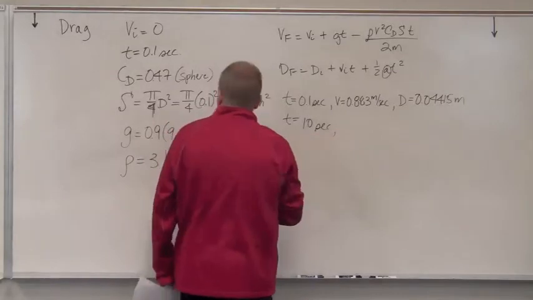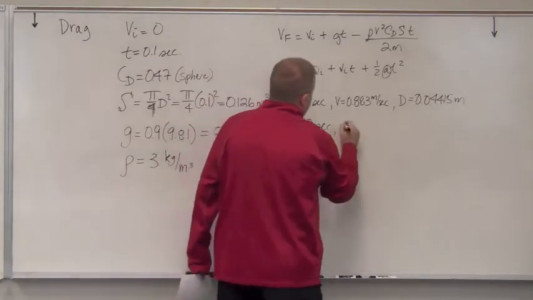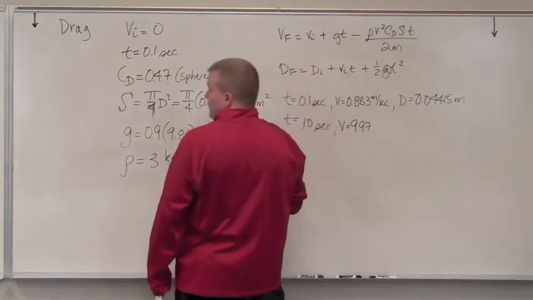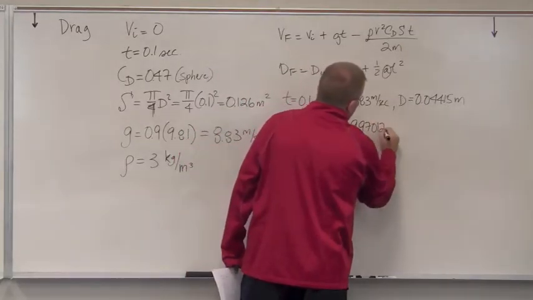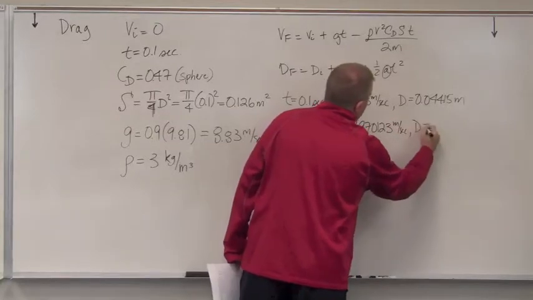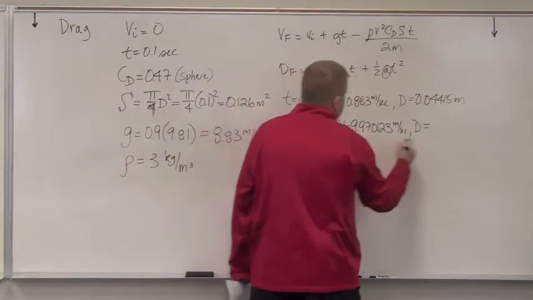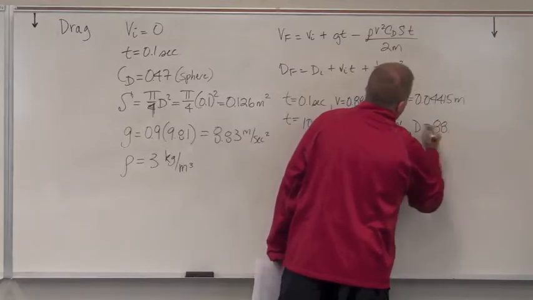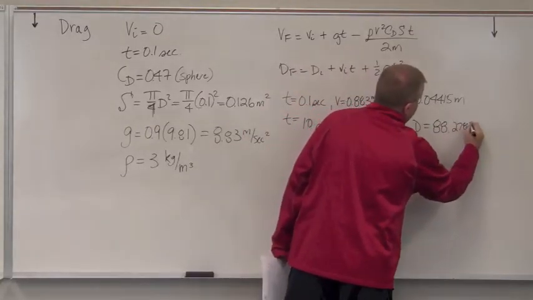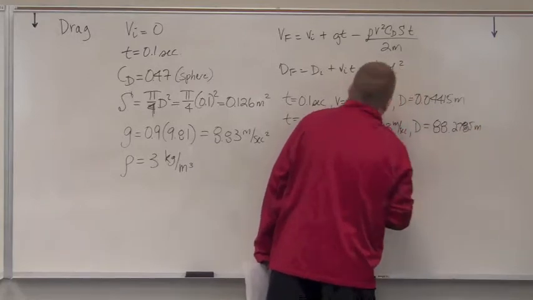At 10 seconds, what I got was we'd actually hit terminal velocity, which is 9.970123 meters per second. And I got the distance as 88.2785 meters. That's an 8.